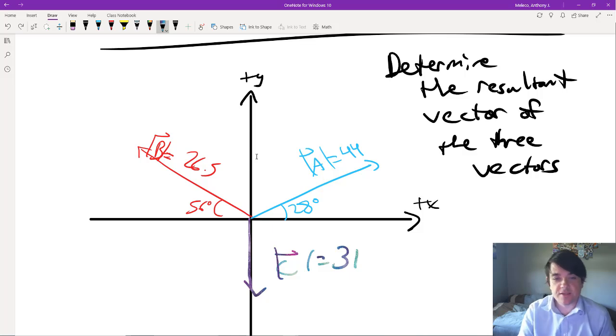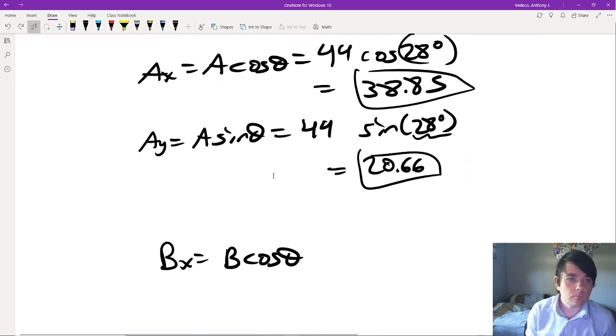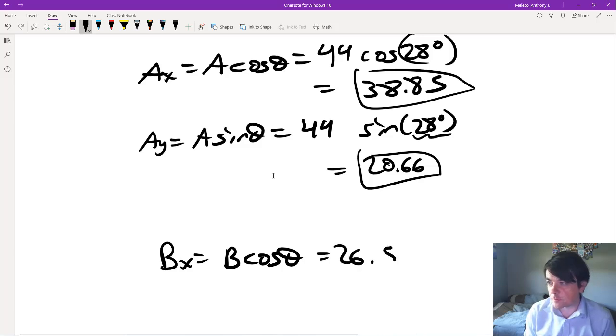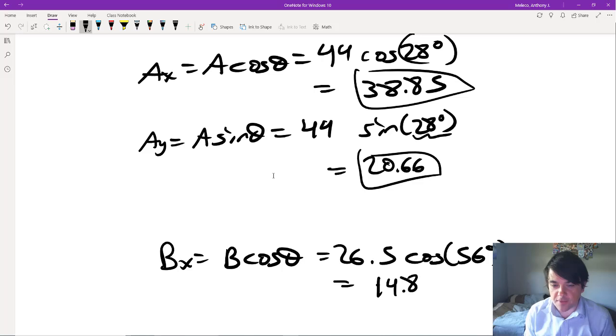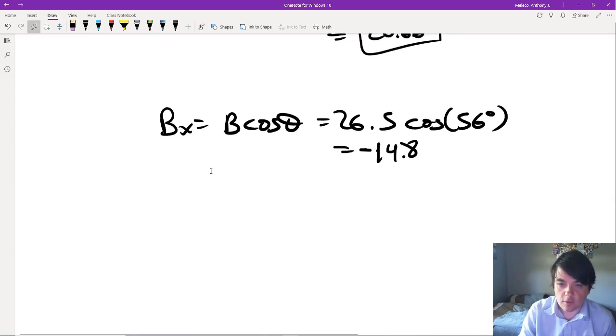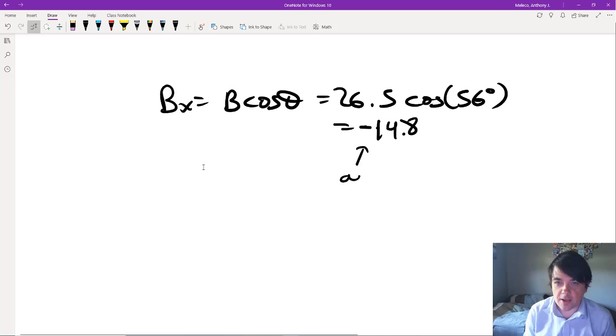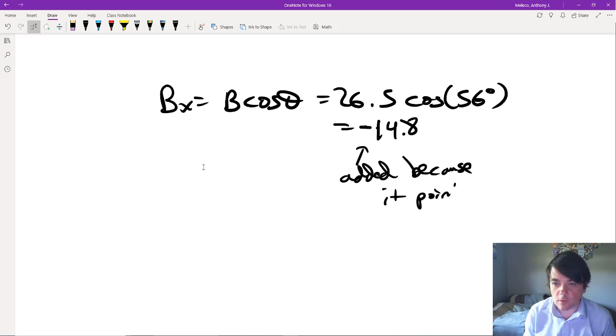You can do 26.5 cosine of 56 degrees, and then write 14.82, and then say negative added because it points left, okay?